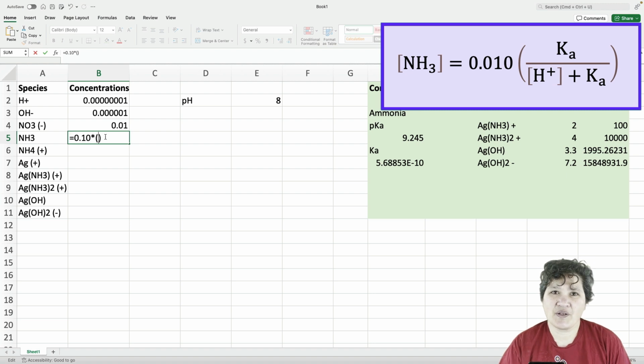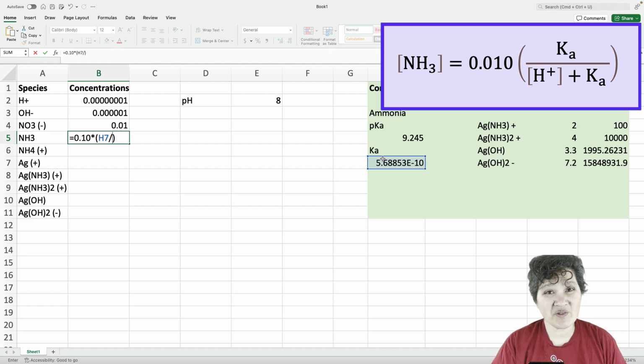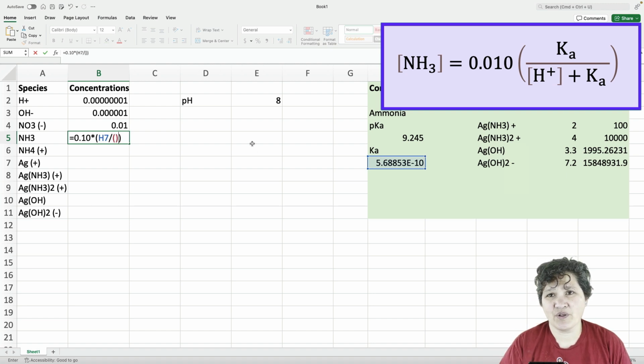So equals 0.10 times Ka, so click on the Ka cell divided by, one of the common issues I see is that in our denominator we have something plus something, and if you just type it in that way, because Excel follows the PEMDAS rules, it's going to give you the wrong answer. So make sure you put the denominator in parentheses, and that's H plus Ka.